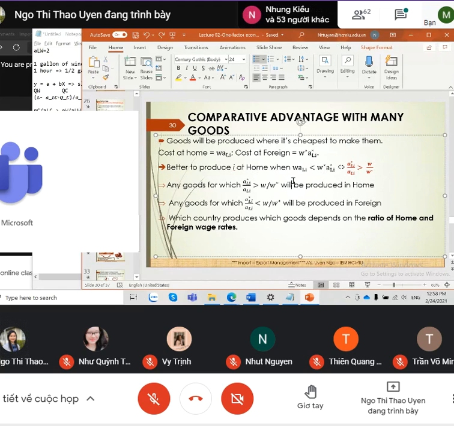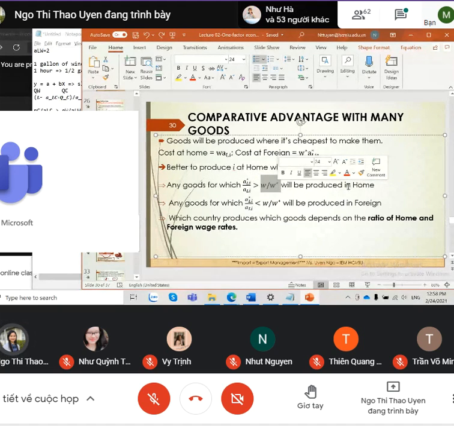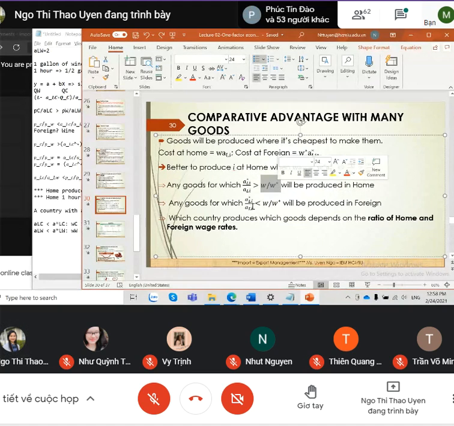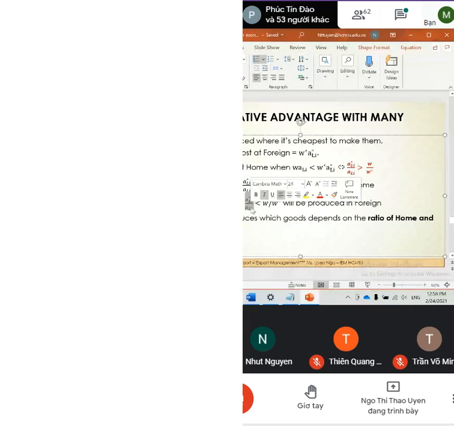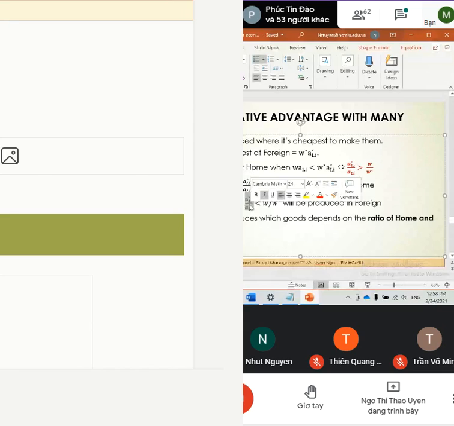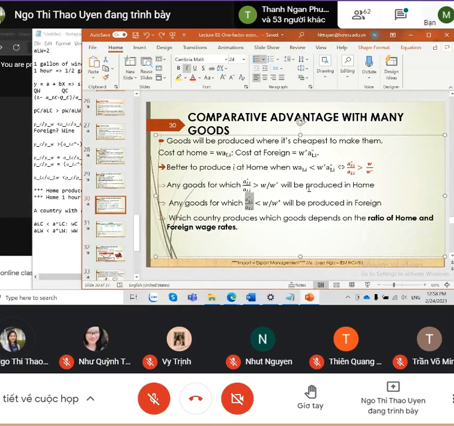So we come up with the rule that if this ratio is larger than the ratio of wages, then the good will be produced in home. If the ratio of unit labor requirement is smaller, then we should produce the product in foreign. See, it depends on the ratio of wages.